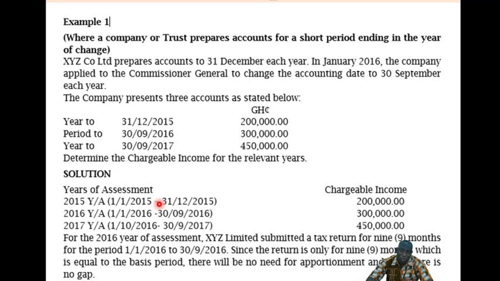So I don't do any apportionment, I copy the figure. Then the law is saying that for the second year, it should be from the beginning of the year of change to the end of the date that you want to now use. And that is what is here. And if you look at the period 2 that they have stated here, it will be from January to September, and that one too, it will coincide. So I'll just copy this figure and put here, I will not apportion.